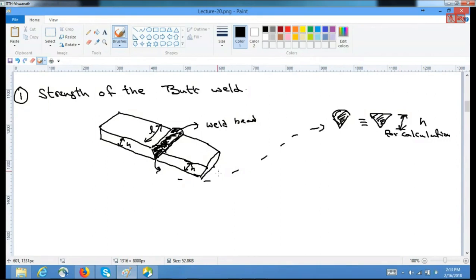Since this is subjected to a tensile load P, and we define sigma T as the tensile stress of the weld, the resisting cross section is the critical cross section, which passes through the center.